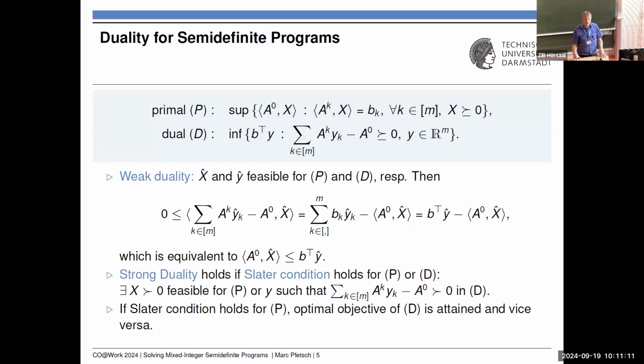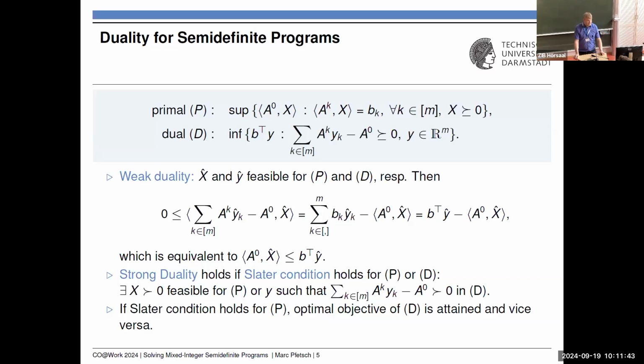Because Y hat is feasible, this linear combination that we see is a positive semidefinite matrix, and I've told you that if you multiply it by a positive semidefinite matrix, the inner product is greater or equal 0.